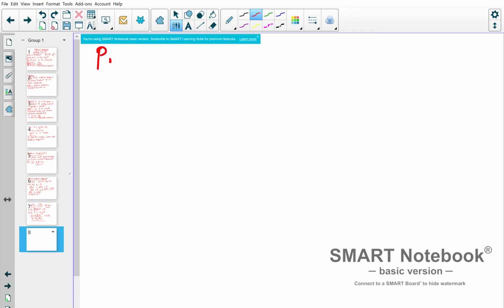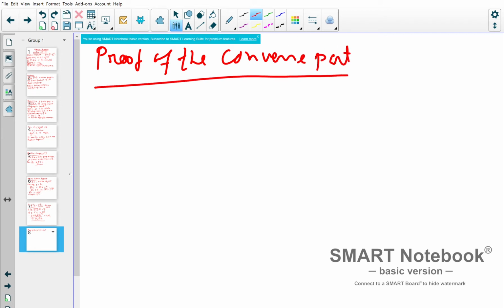So, proof of the converse part. What I need to prove is that if G is a finite group where every maximal subgroup is a normal subgroup, then G is a nilpotent group.